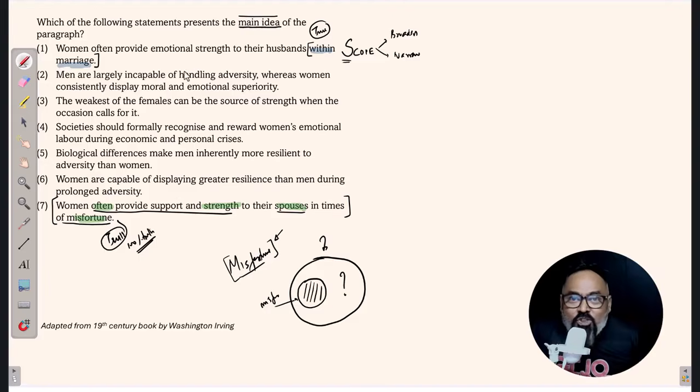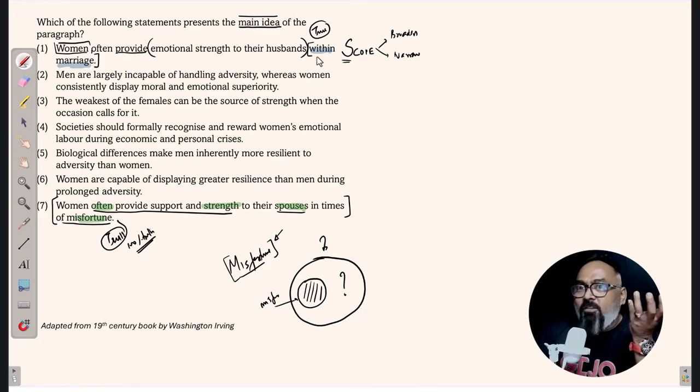So when you read answer choices, you're actually reading words. Women often, what is the subject? Women. What is a verb? They provide what? Emotional strength to the husband. But the issue is this context has created an issue within marriage. We don't require too many words to create a problem.